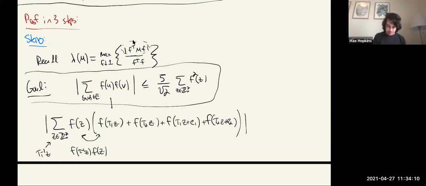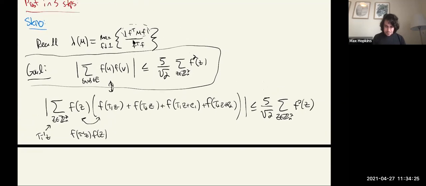So these are equivalent, right? So equivalently, our goal is to prove this bound. So what would we do, given what we've done in the past? What's the main strategy to use here?